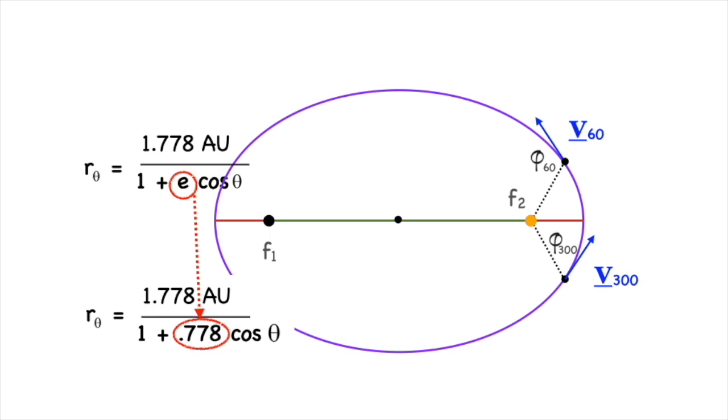Now that we know the value for E, we can substitute it into our general equation for this elliptical orbit, as shown here.